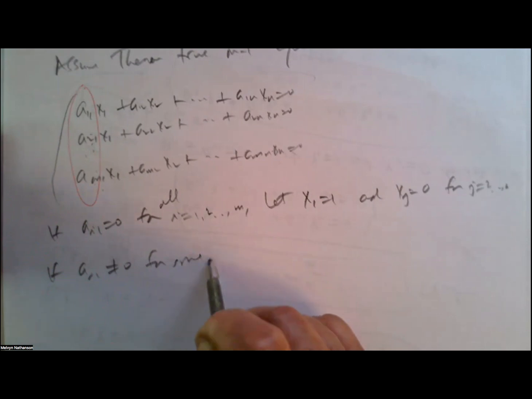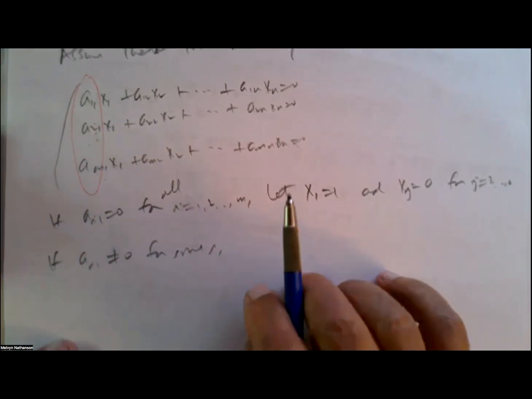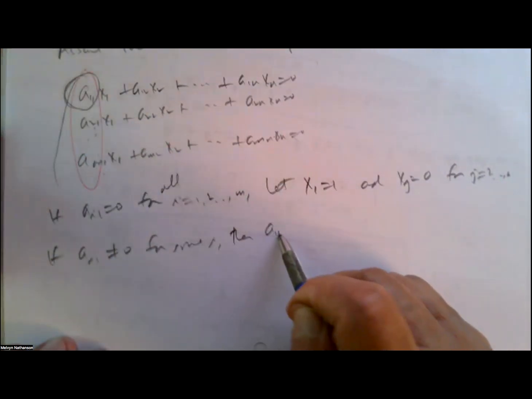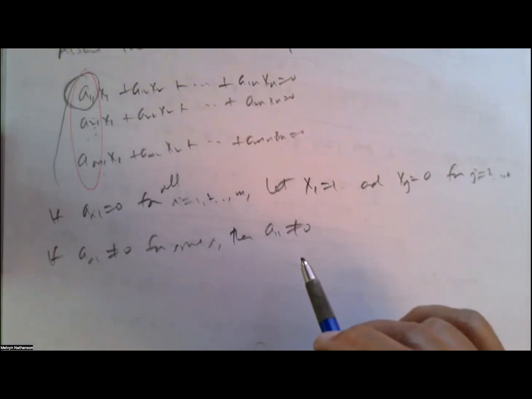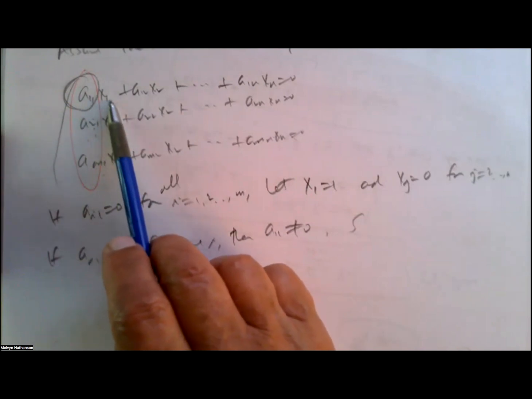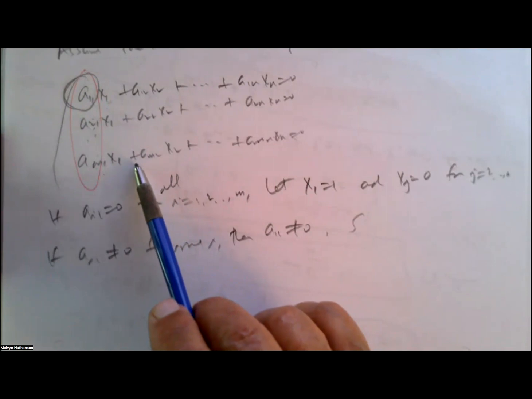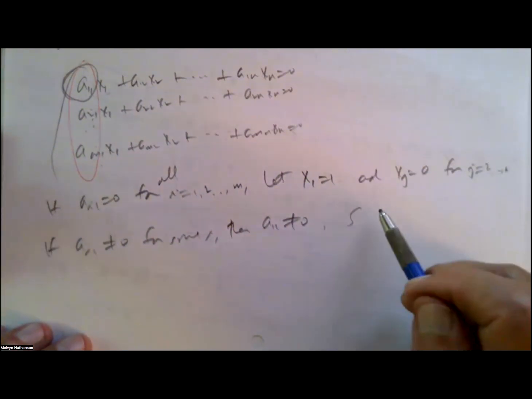If ai1 is different from 0 for some i, we can interchange equations so that, in fact, this very first coefficient, a11, is different from 0. If a11 is different from 0, subtracting suitable multiples of the first equation from all the other equations eliminates x1 from the system of equations.